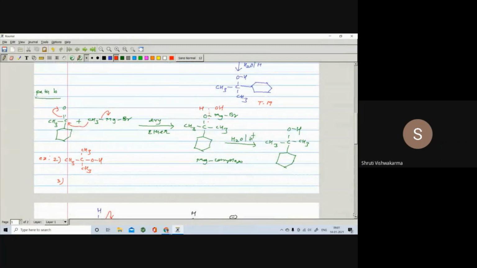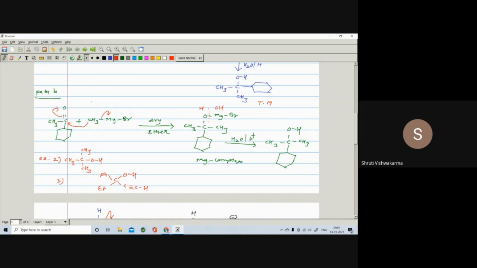Again, I will add one more example. We can carry out its disconnection: it is Ph, then C, then Et for ethyl, here is OH, and here is a C carbon-carbon triple bond and H. All are different, that's why you can carry out disconnection in three ways. So this is an example.